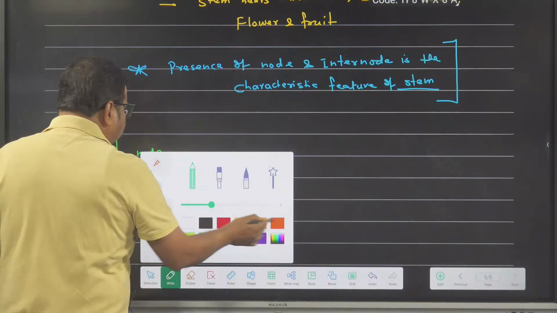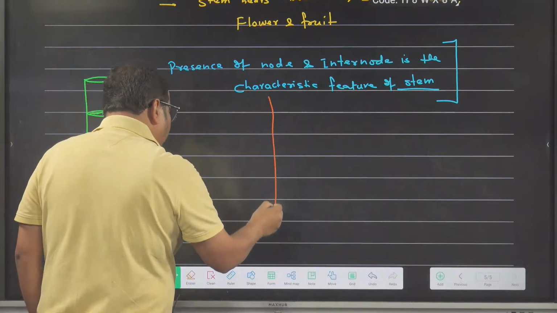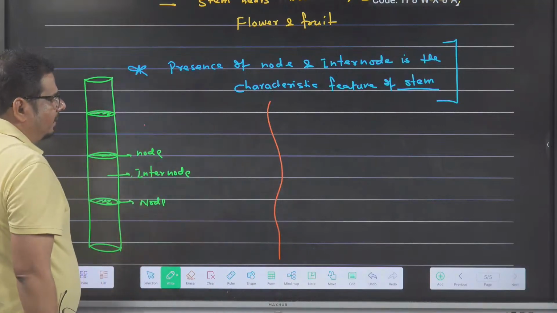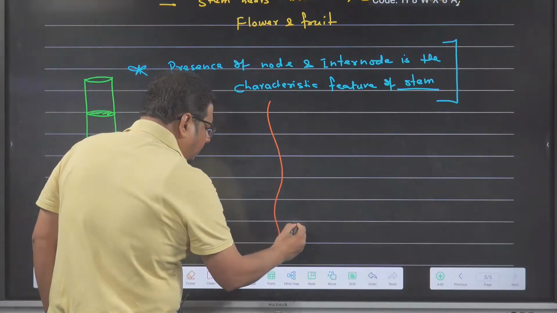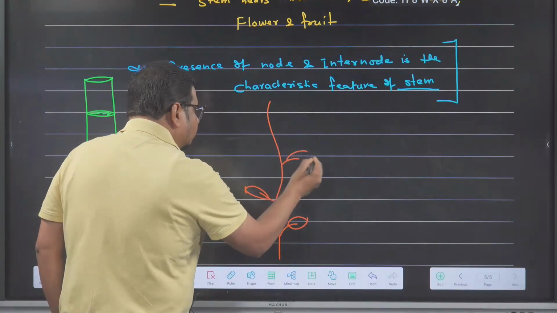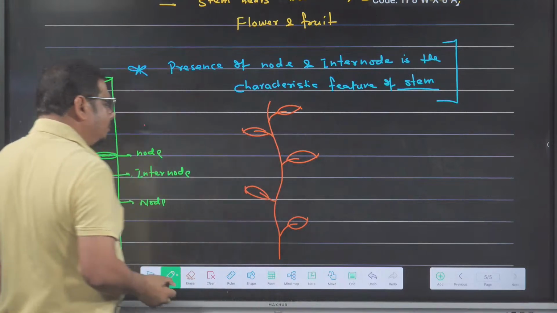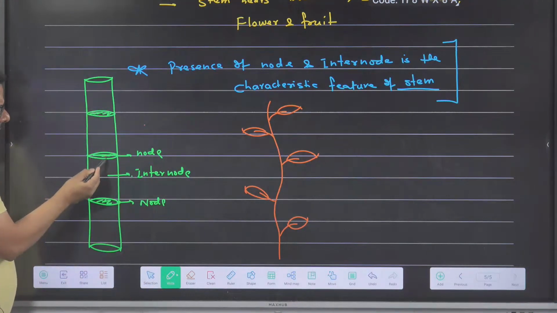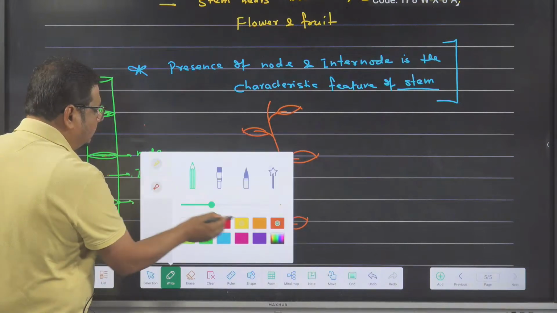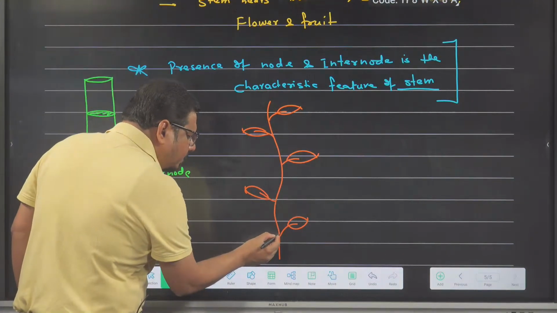Now sometimes what happens? Sometimes you will find node and internode is not very prominently visible. I am just making a stem. Suppose that it is a stem. And in this stem, leaf is arising like this. Suppose that here it is leaves. Now I am asking a question. See, here you are saying very easily, sir, it is node, it is internode. How can you say where node and internode is there in this case? So in this case, you better know leaf always arises from the nodes.